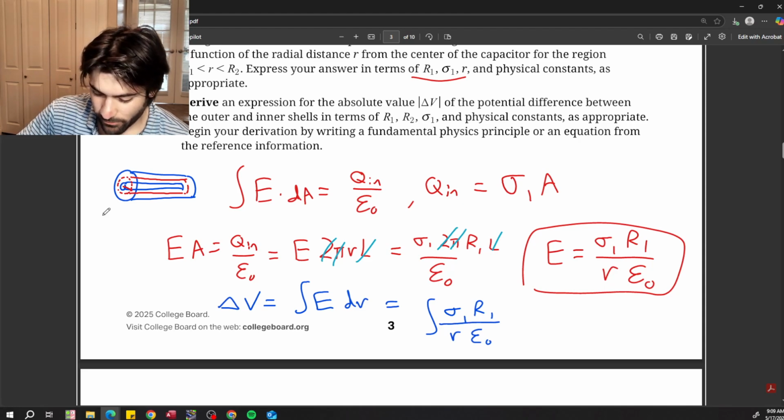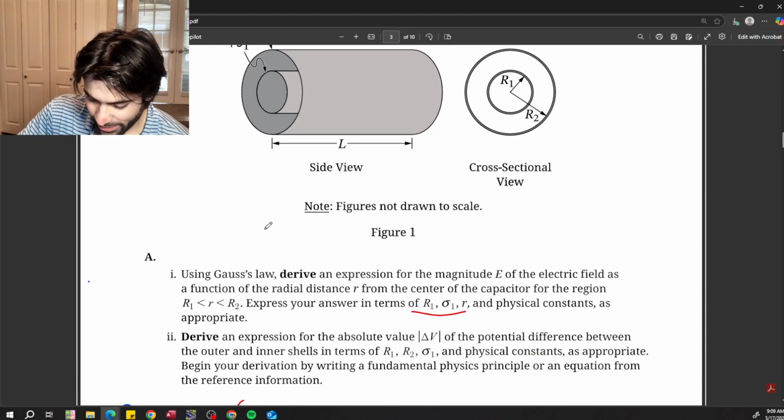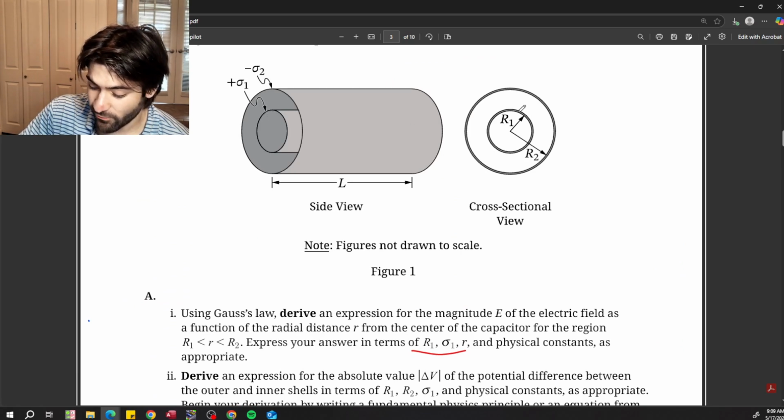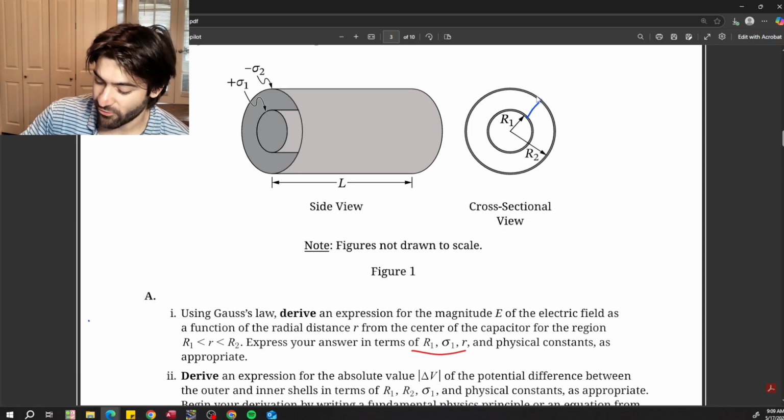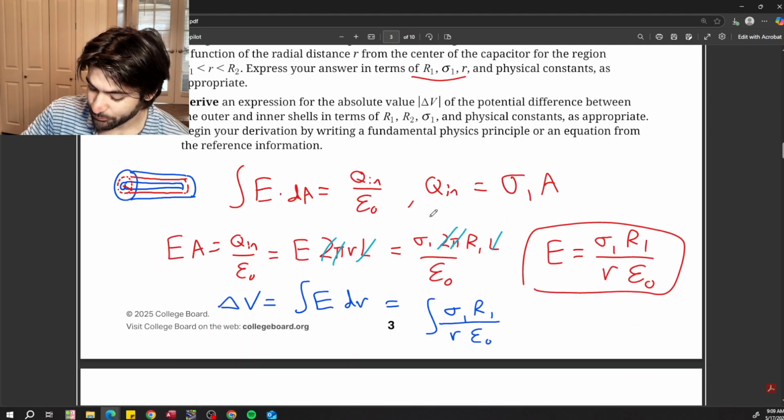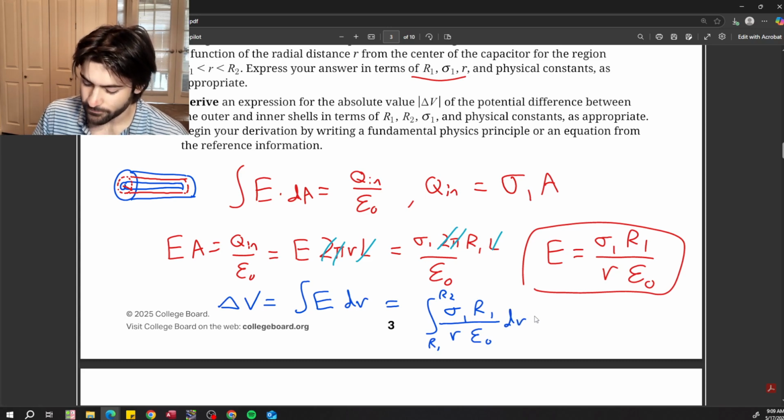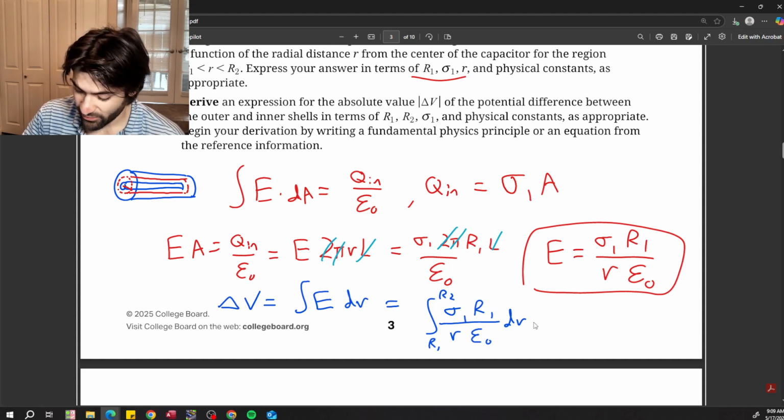Where are we integrating from? We want the potential difference between the inner and outer shell, so we'll integrate from radius 1 out to radius 2. So this will go from R1 to R2 dr. Now, sigma 1, R1, and epsilon naught, those are all constants with respect to the variable of integration, so those can all be pulled out.